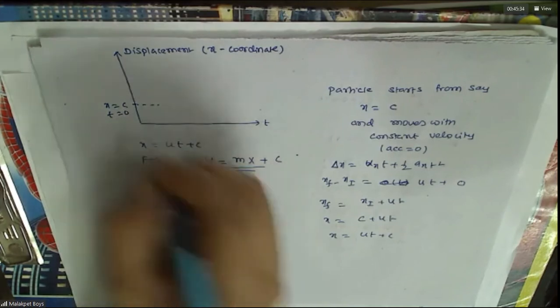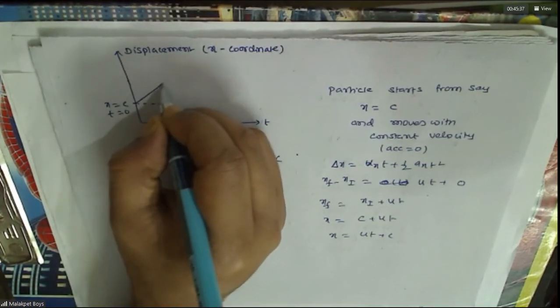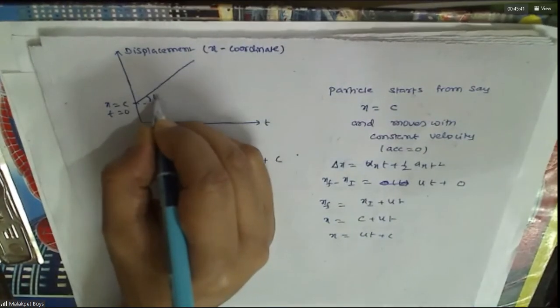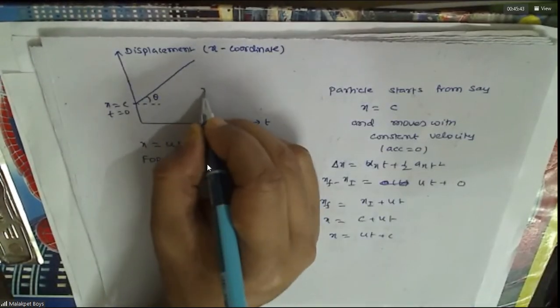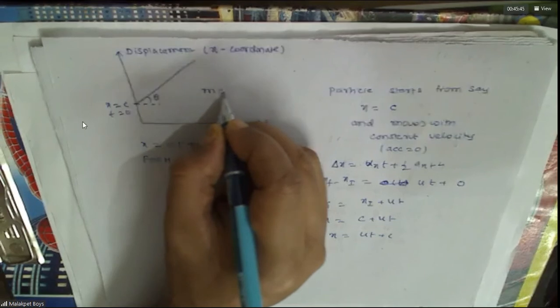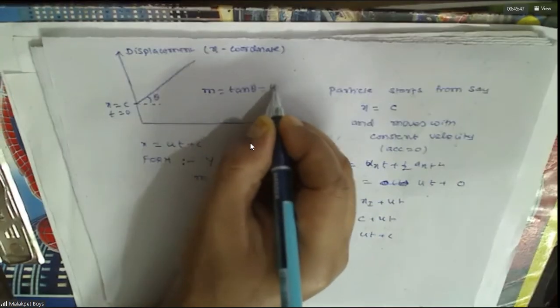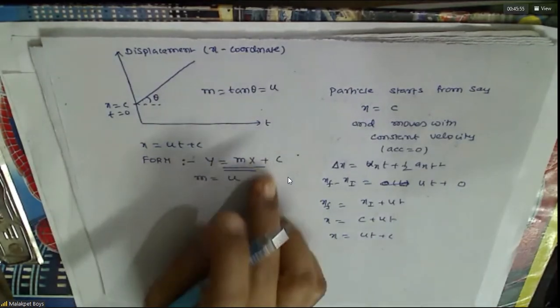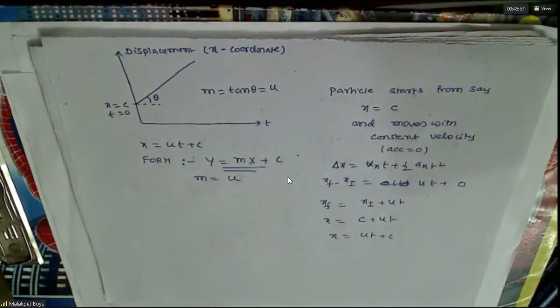After that, the x coordinate goes on increasing. So this is theta, m is tan theta, that is nothing but u. Remember this? This is the shape of y equals mx plus c.